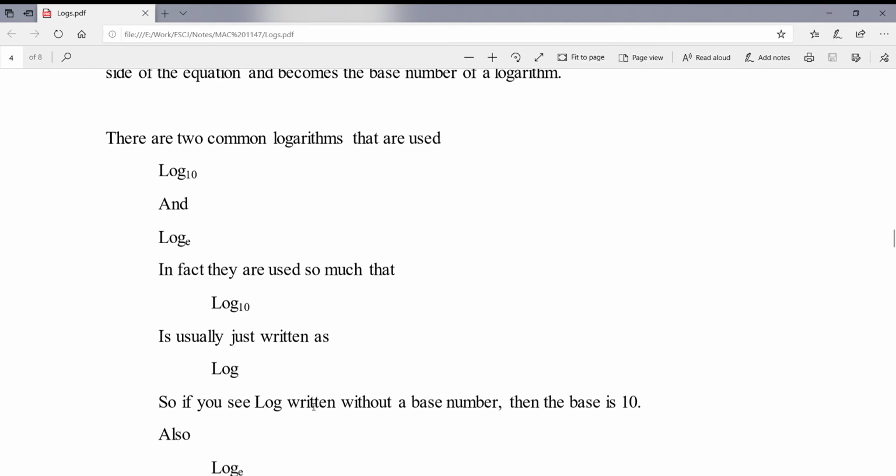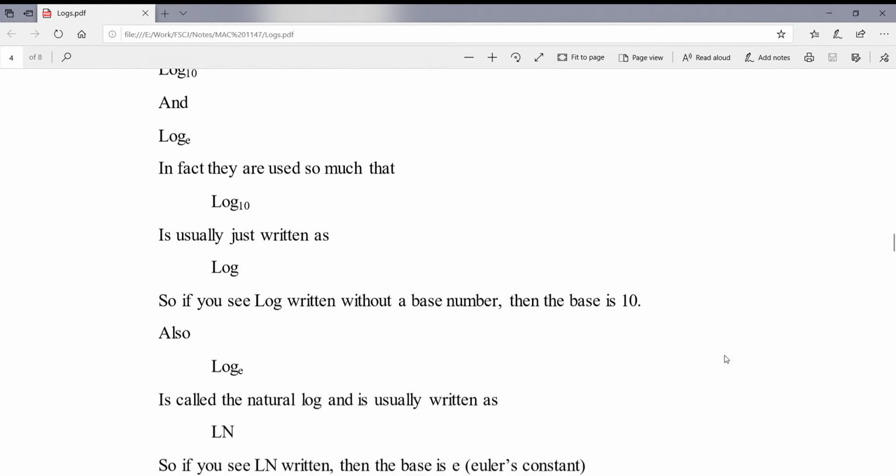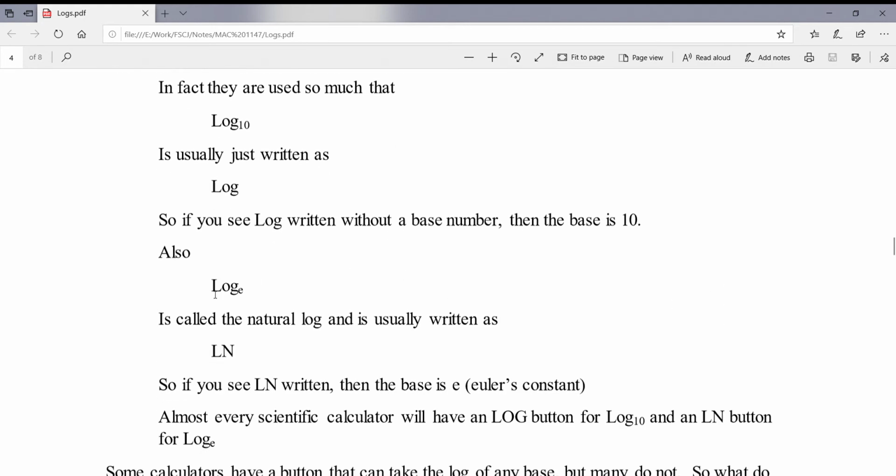So if you see log written without a base number, then the base is 10. Also, log base e is called the natural log and is usually written as ln. So if you see ln written, then it is base e, Euler's constant.